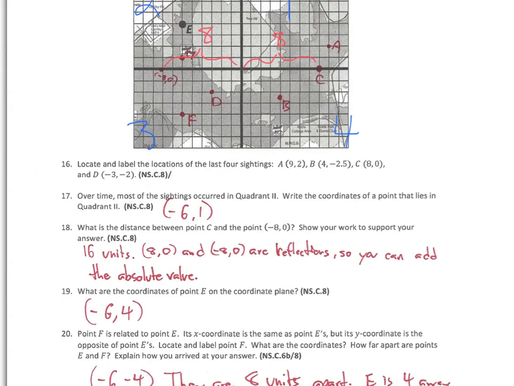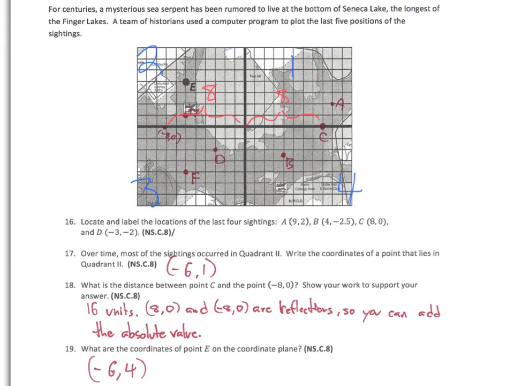What are the coordinates? So what I can do is look at point E. Let me get the eraser here real quick so you can see. It's not letting me erase.